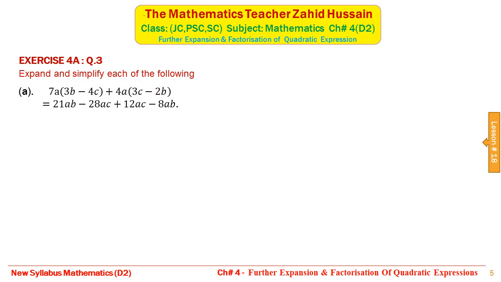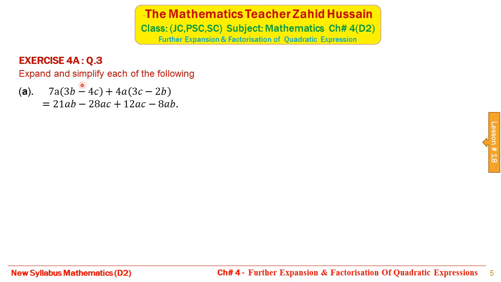So when we multiply 7a with 3b, we will get 21ab. 7a with minus 4c, we will get minus 28ac. And plus 4a with 3c, we will get 12ac, and plus 4a with minus 2b, we will get minus 8ab.